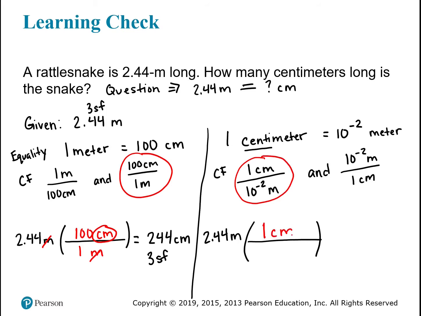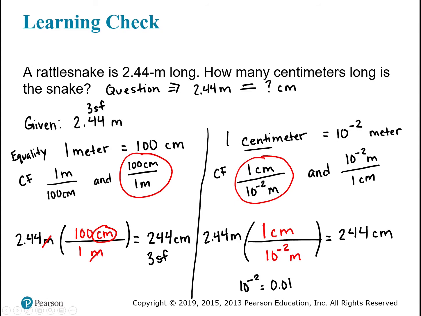Write it in. And when you do this math, you should still get the same thing. 10 to the minus 2 is the same thing as 0.01. These two equations look different, but you get the same answer. The equalities are the same.